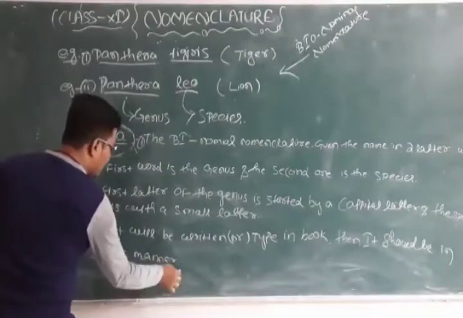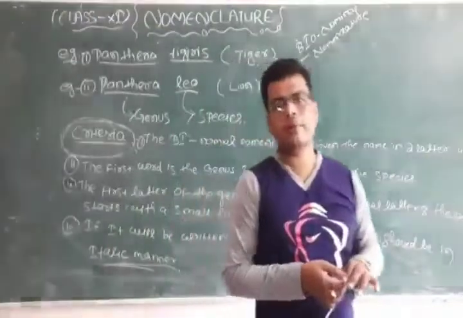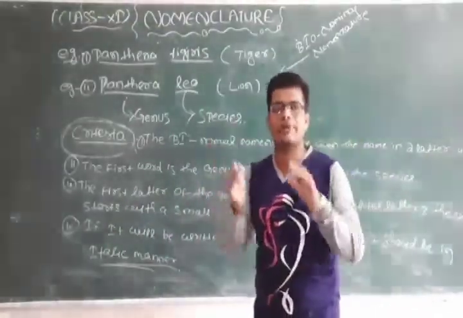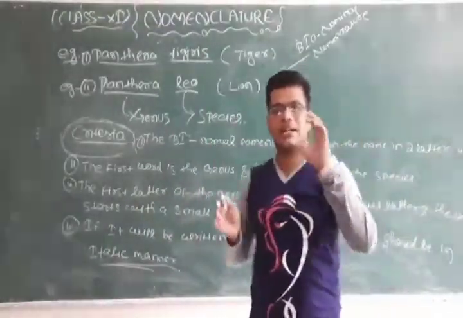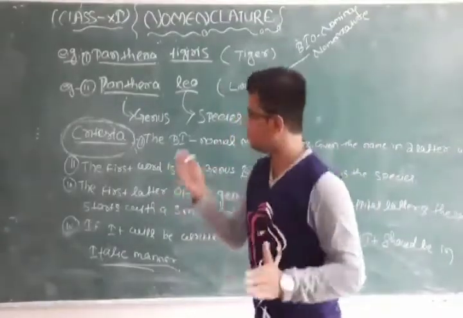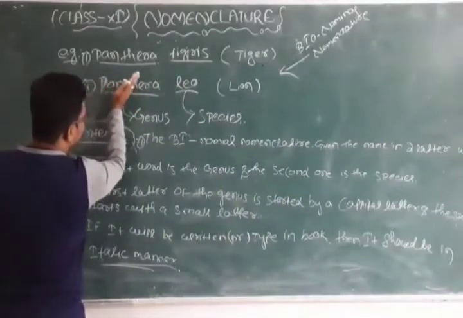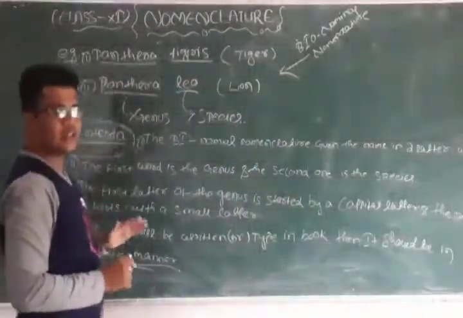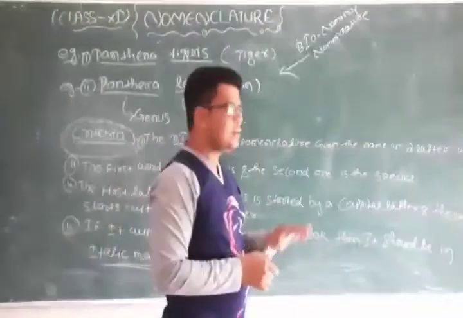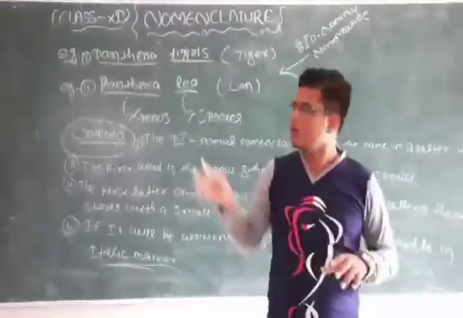If you know about the computer system, there is a term italic, which means the letters slant slightly to the right. So in a book, the scientific name will always be in italics.